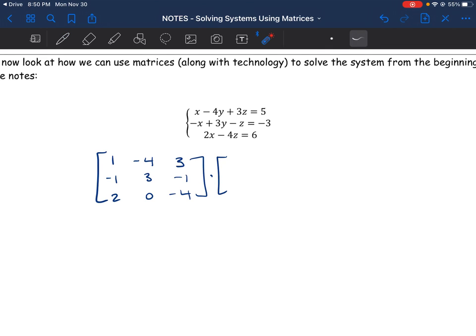For the variable matrix, notice we're going in order x, y, z. And our constant matrix, again, notice all of our constants have already been separated and put onto the right side of the equation for the system. So the constant matrix will be 5, -3, and 6.